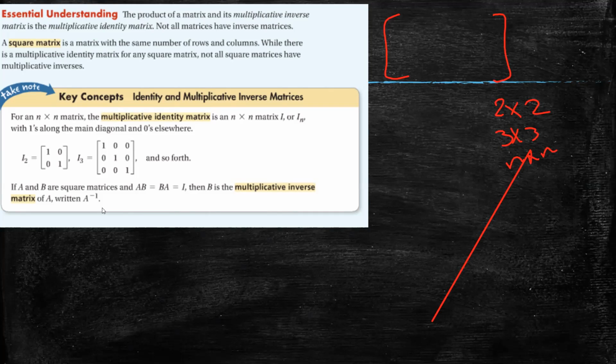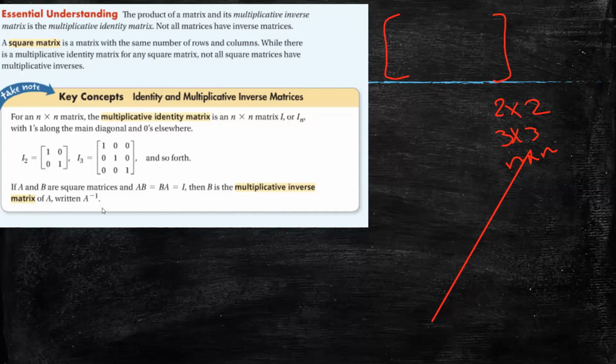So if you see a 2 by 2 matrix, it doesn't mean it has an inverse. Maybe it doesn't. So today we will learn how to find the inverse matrix, how to know if a matrix has an inverse or not, and also how to find the area of a triangle using something we call a determinant.